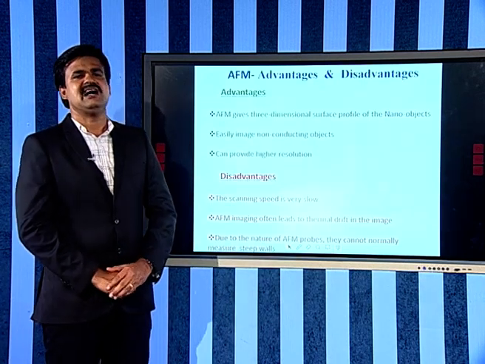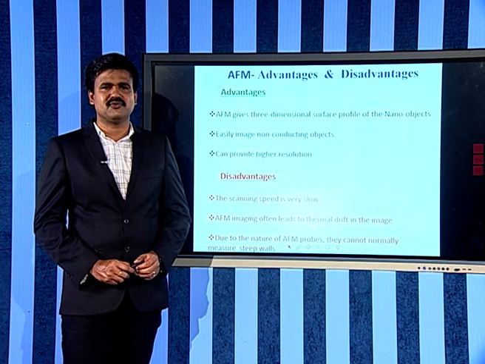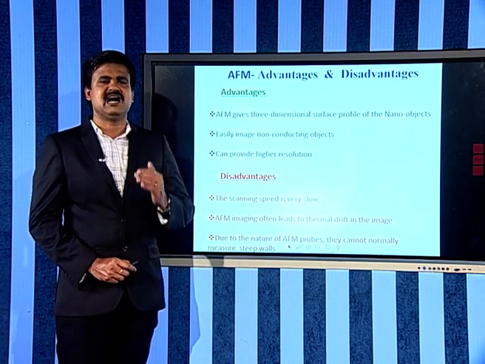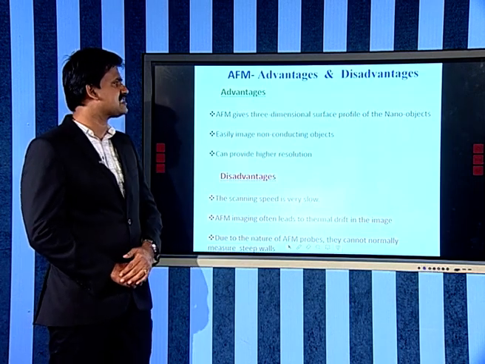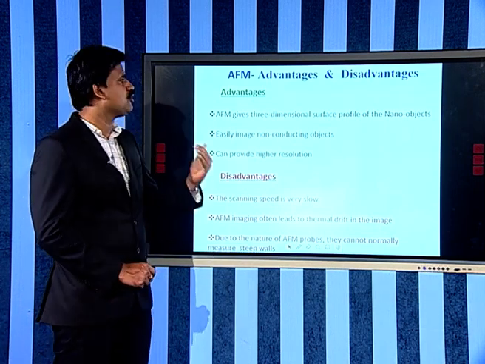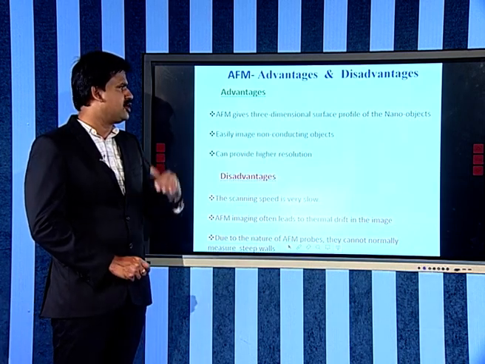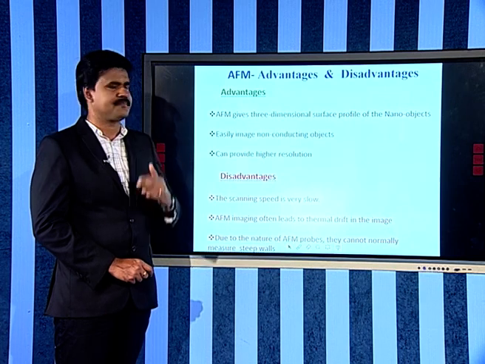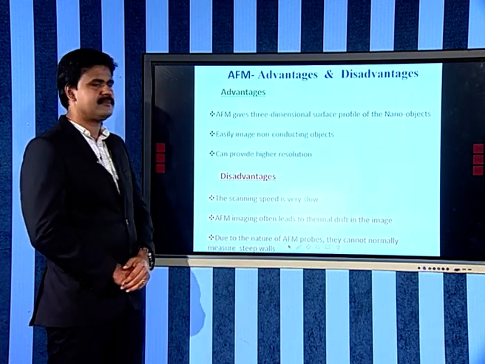Now, the advantages and disadvantages of atomic force microscopy. The advantages are: AFM gives a three-dimensional surface profile of the nano objects, can easily image non-conducting objects, and can provide higher or better resolution.